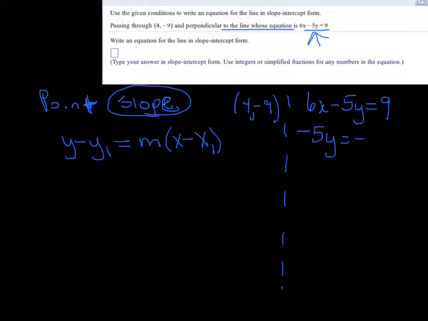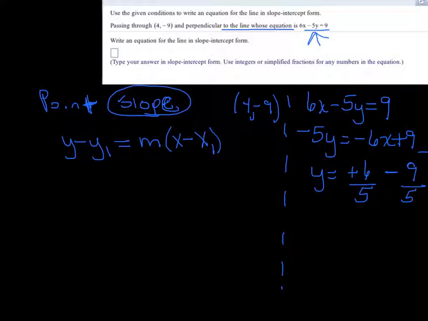So we have negative 5y equals negative 6x plus 9, and then we divide both sides of our equation by negative 5. This gives me negative 6 over negative 5, so that's a positive 6/5 x minus 9/5. So I'm guessing this student changed questions. The slope they had a question about was from a previous question.